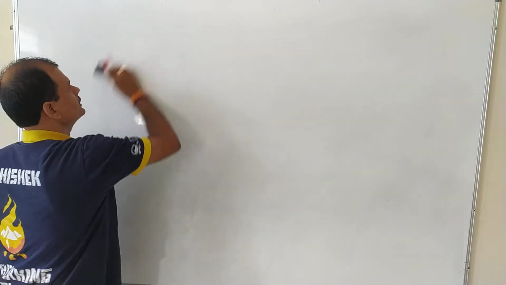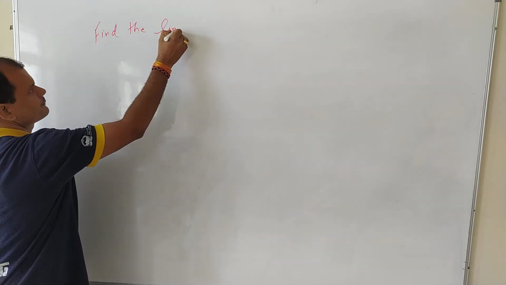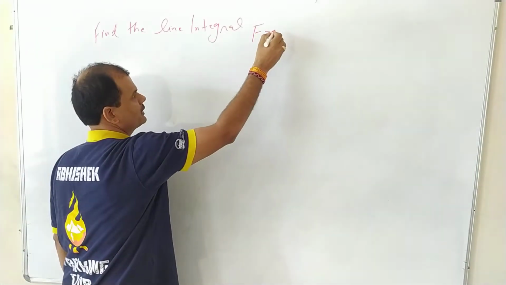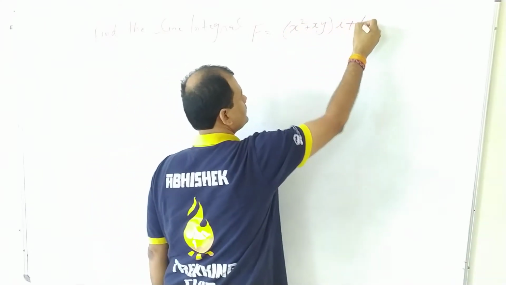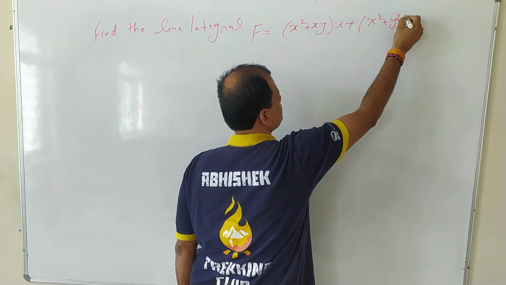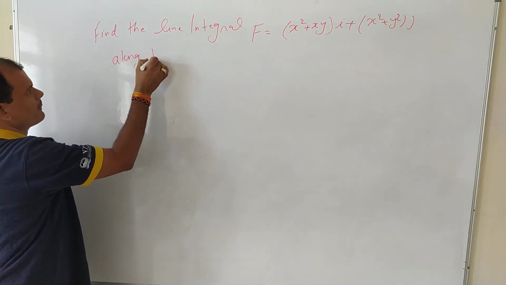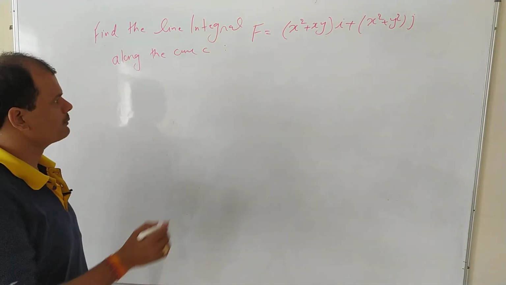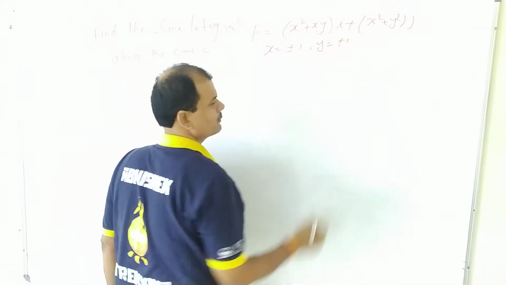So the question is: find the line integral of f, a vector given by (x square plus xy) i plus (x square plus y square) j, along the curve c, where c is the square bounded by x equal to plus minus 1, y equal to plus minus 1.